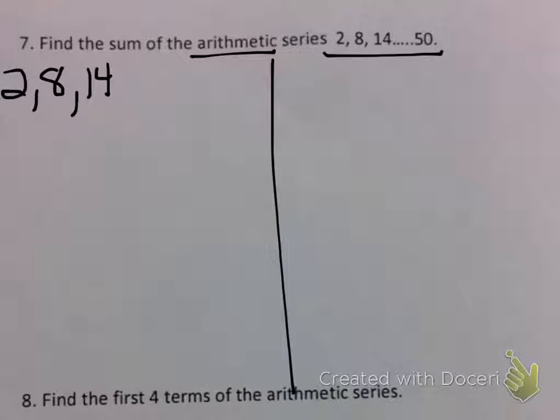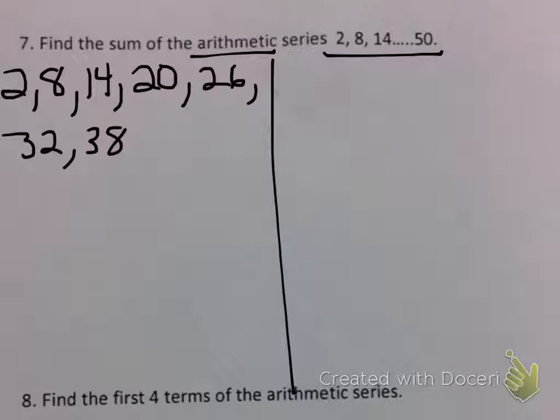How did I get from 2 to 8 and then 8 to 14? I added 6. So I'm going to keep adding 6 to get 20, then 26, then 32, 38, 44, and guess what? Oh, I wrote 40 instead of 44. So it's 44, and then we're all of a sudden at 50, which is the last term that we needed to be at.